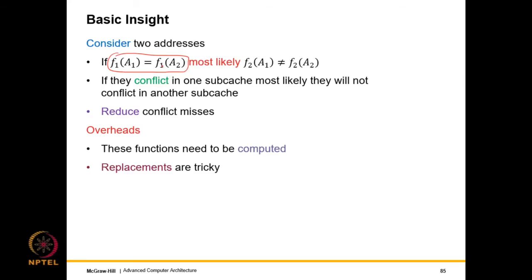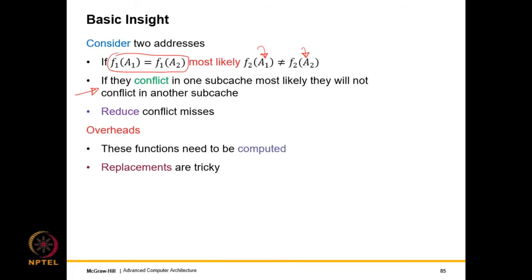This indicates a conflict miss, but with high probability, in the second subcache they will not collide, in the sense they will map to different locations. f2(a1) will not be equal to f2(a2). So the key important insight is that if they conflict in one subcache, most likely they will not conflict in the other.